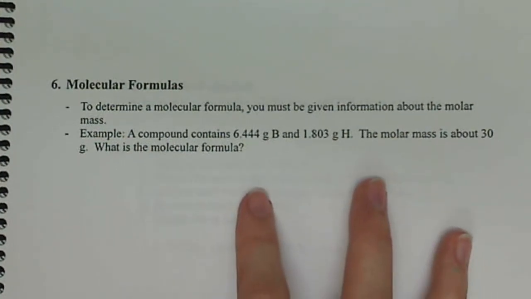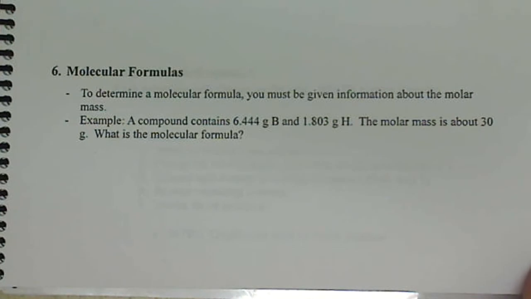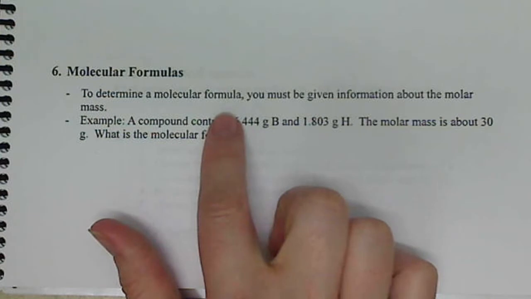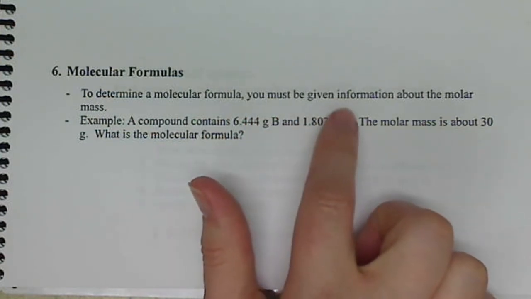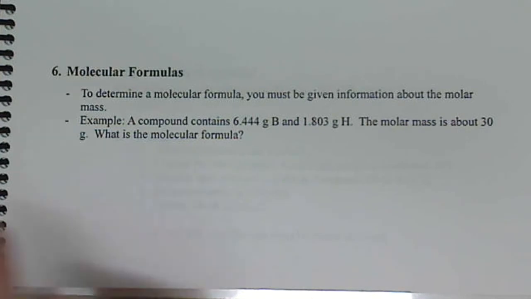For Section 6 here, to determine molecular formulas, remember molecular formulas have a higher ratio, so not reduced down to its lowest form. For our molecular formula, you're going to have to be given some sort of information about the molar mass, or some sort of rough estimate as to what the molar mass is, so that you can figure out what your ratio is.